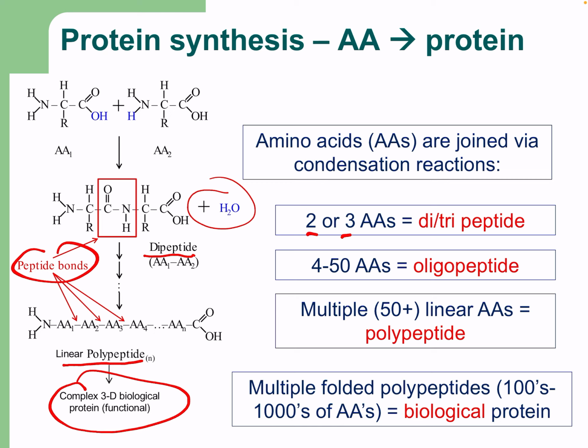Two or three amino acids would be a di- or tripeptide, while 4 to 50 would be an oligopeptide, and 50 plus would be a linear polypeptide. And if we have multiple folded polypeptides from 100 to thousands of amino acids, this is our biological protein in its functional form.